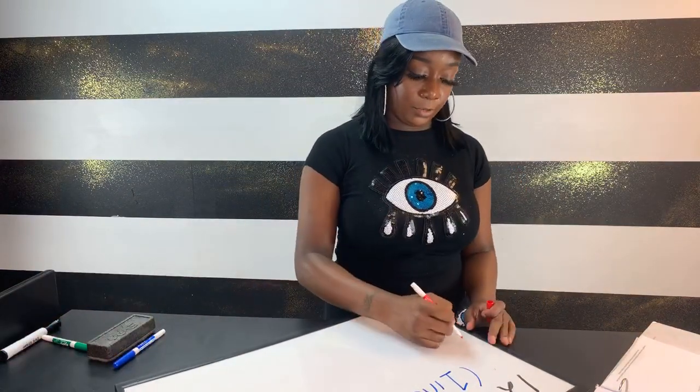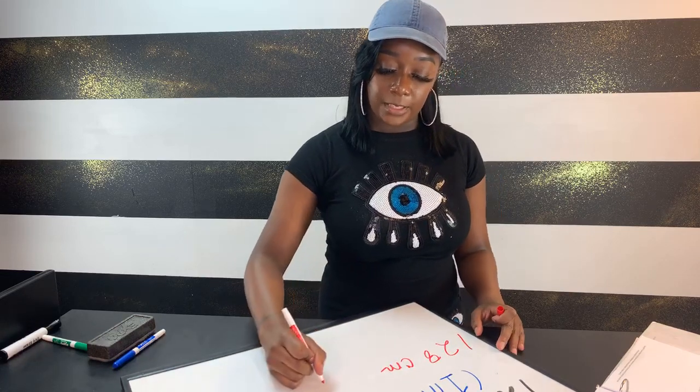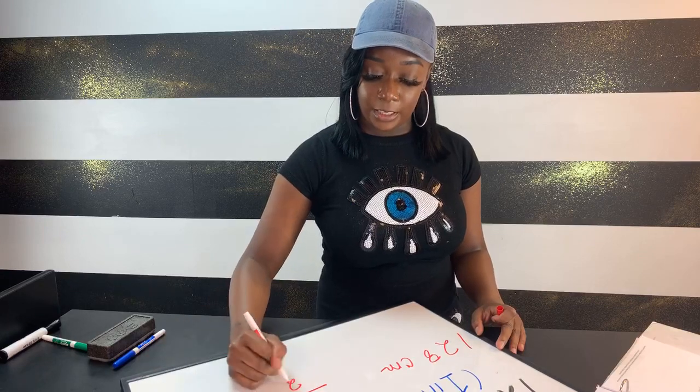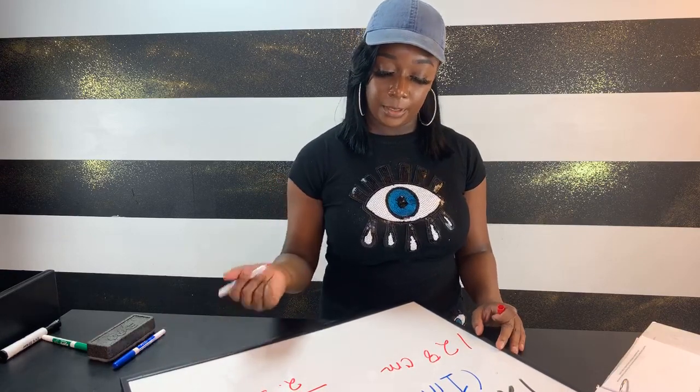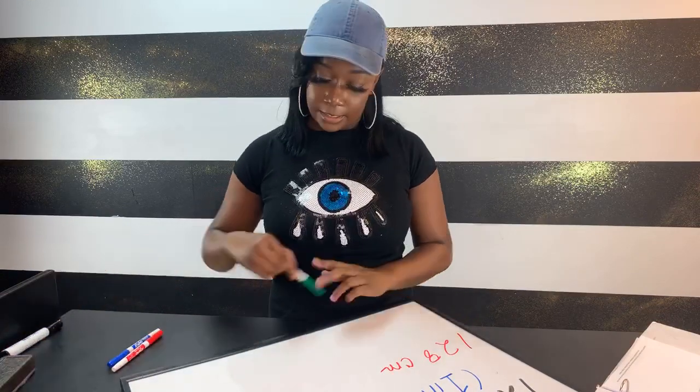So I'm going to start out with 128 centimeters. So if I know that centimeters is what I start with, that means that in my conversion, the centimeters has to be on the bottom.